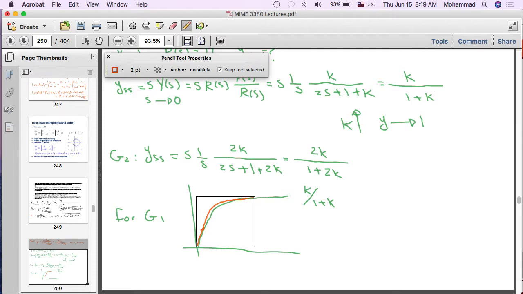That's the effect. As k increases, the transient response gets faster. So that's the expected effect.